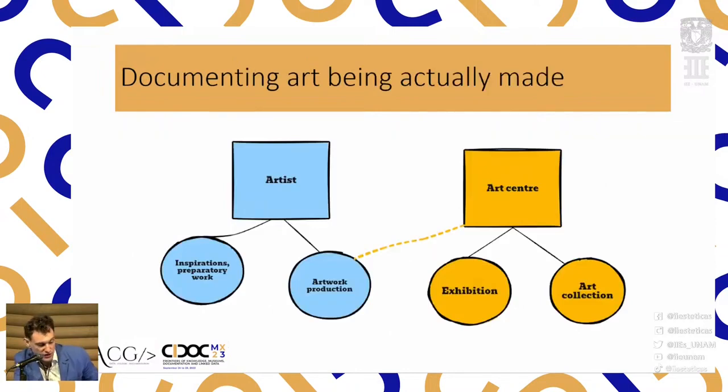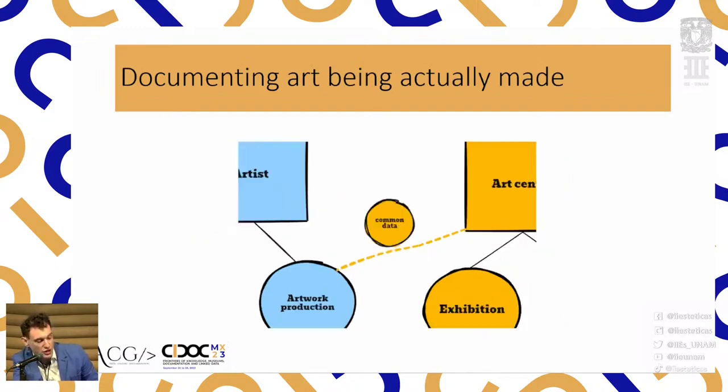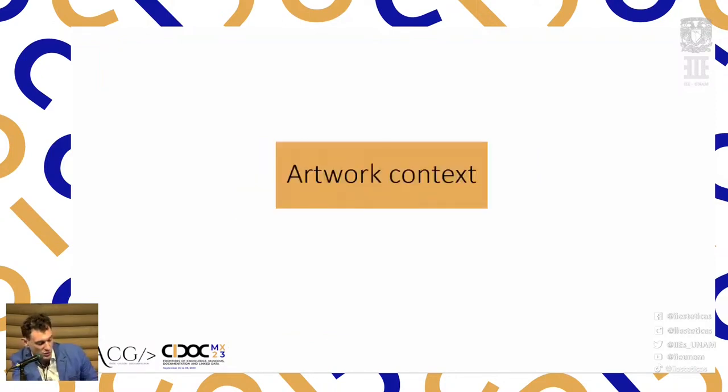The few drawings I'm going to present now are a very simple way to slowly move toward producing linked data. Here you see a basic pattern of what artists and art centers do. The common point very often is that they produce art in common, because for a new exhibition they usually produce new pieces of art, and in that sense they produce common data, and they have to decide who is keeping what, and what we will do.